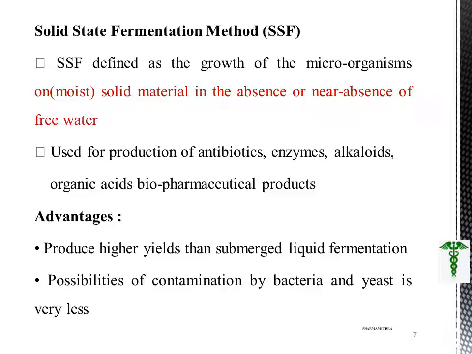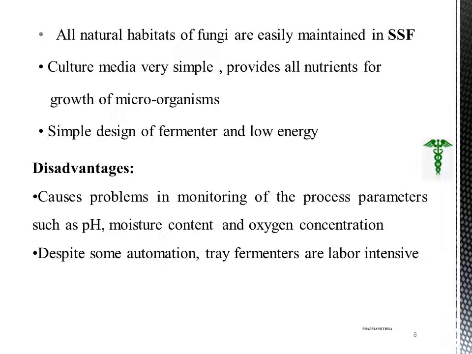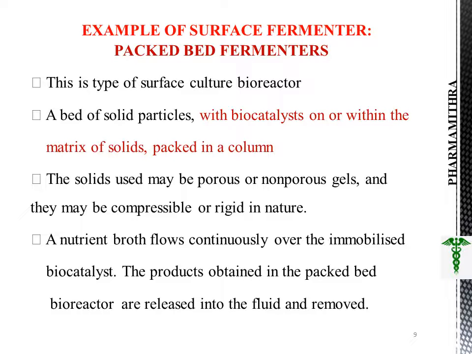The advantages are that it produces a higher yield compared to submerged liquid fermentation, the possibility of contamination is very low compared to other fermentation techniques, and the natural habitat of fungi is easily maintained. The culture media are very simple, the fermenter design is simple, and low energy is needed. Coming to the disadvantages, it causes problems in monitoring process parameters such as pH, moisture content, and oxygen concentration, and it needs some automation. Here the tray fermenters are labor intensive.